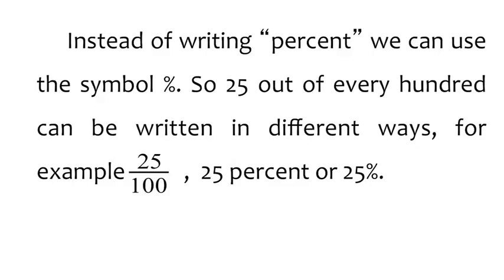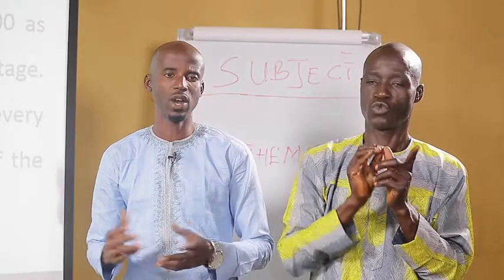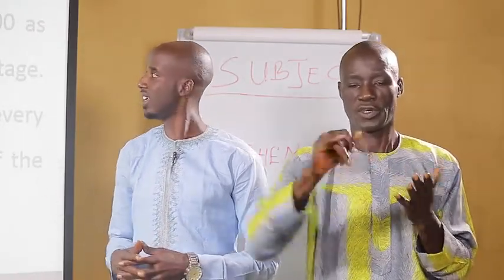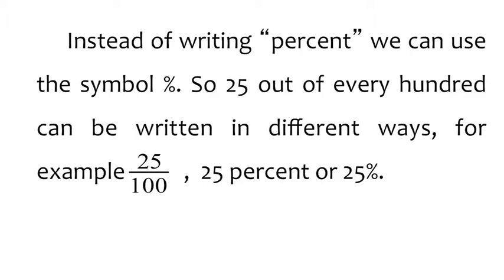Now, this percentage can be written in different ways. One of the ways it can be written is 25 over 100. Another way you can express it is 25 percent, written in words.